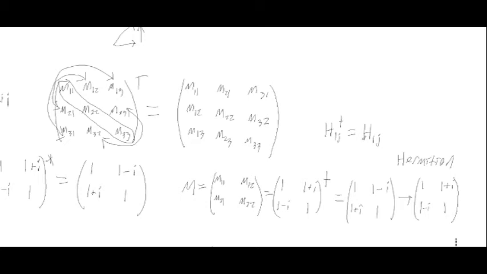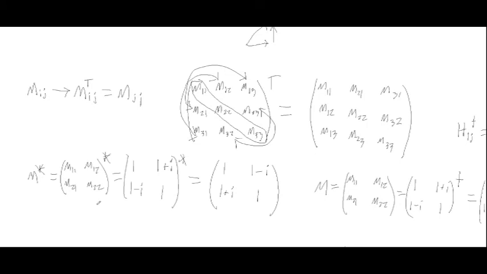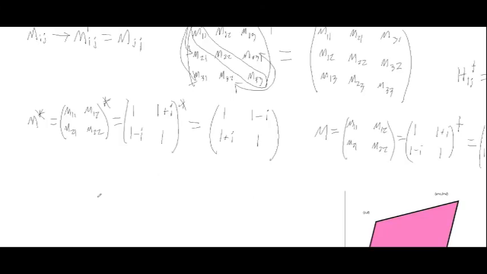And so that's what a Hermitian matrix is, one that has this property, that the complex conjugate of the transpose is the same matrix again. And that will be important to remember later on. And I've already touched on it before.